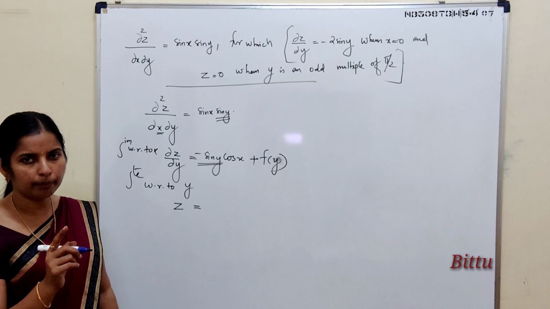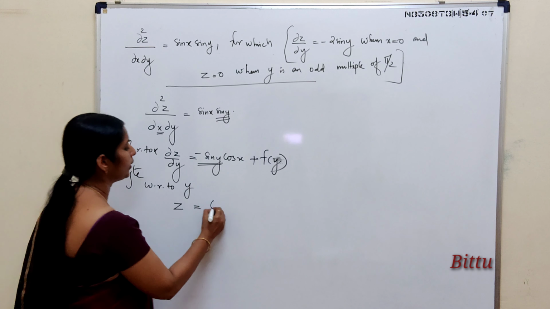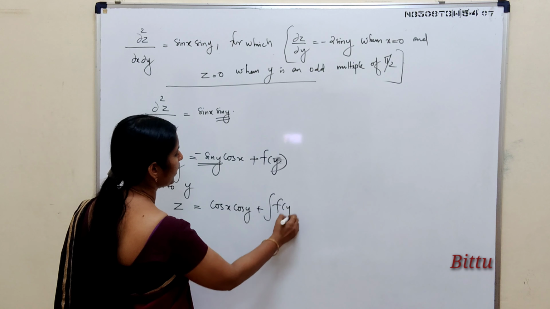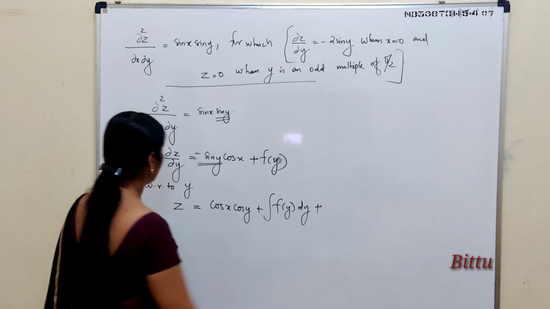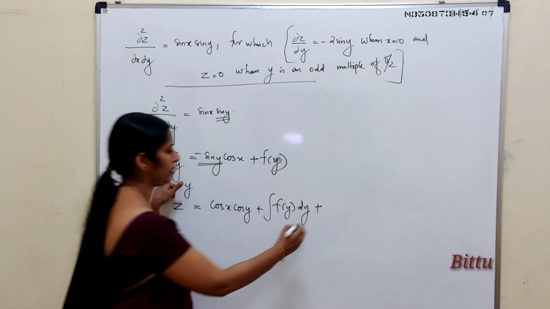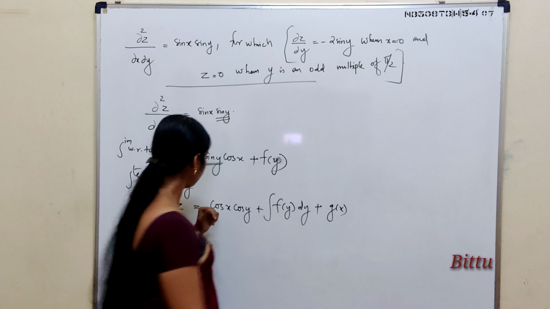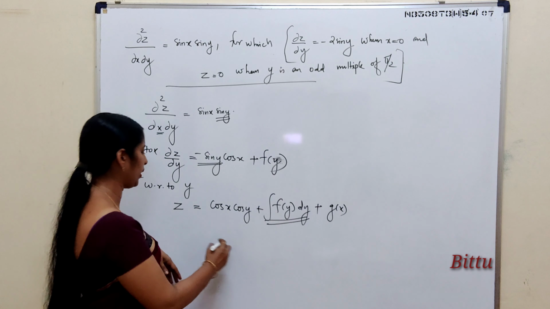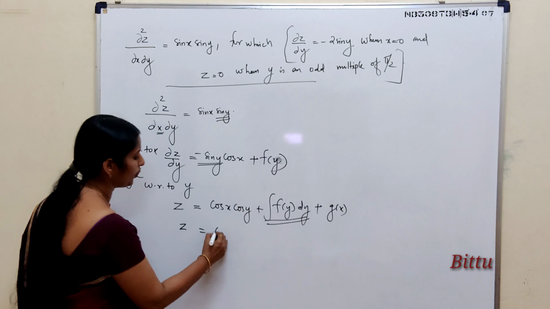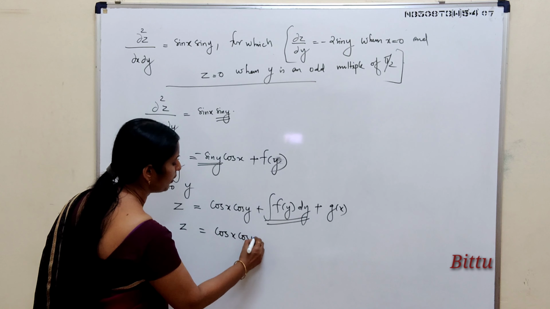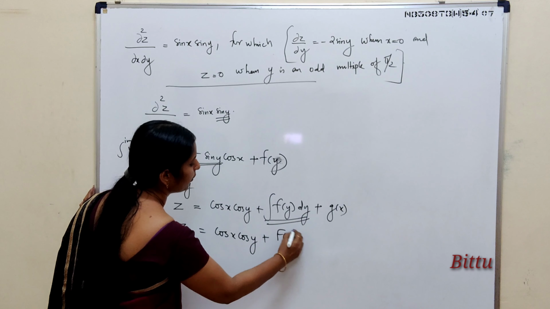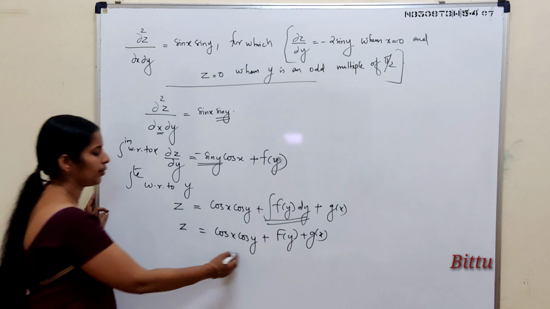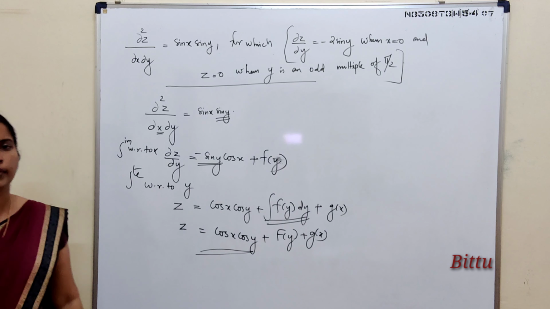So minus minus become plus, and that term is cos x cos y, plus the integral of f(y) dy, plus a function of x, let it be g of x. This integral is another function of y, let it be F of y. So we can say z is equal to cos x cos y plus F of y plus g of x. See, this is the solution of the given partial differential equation.